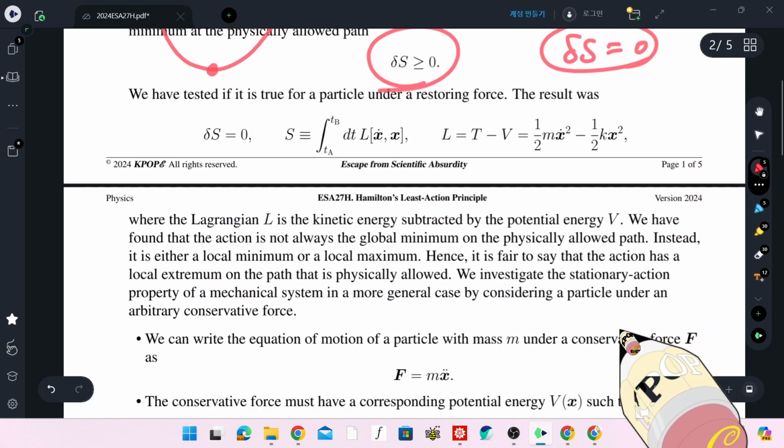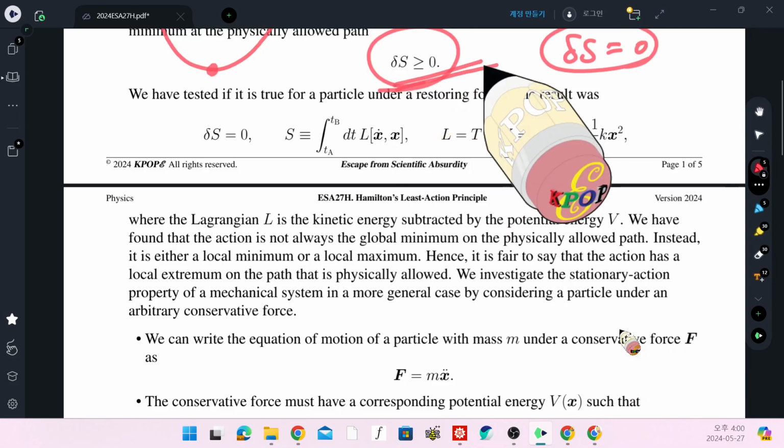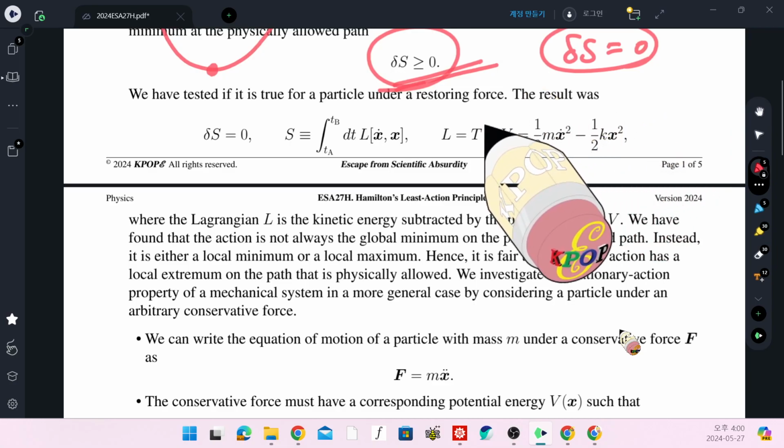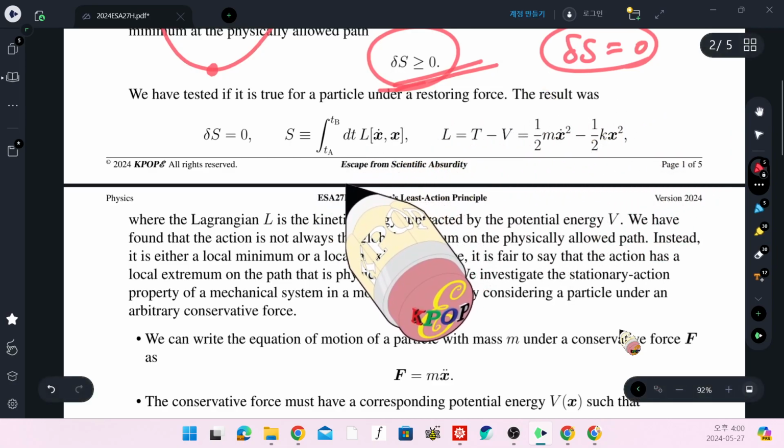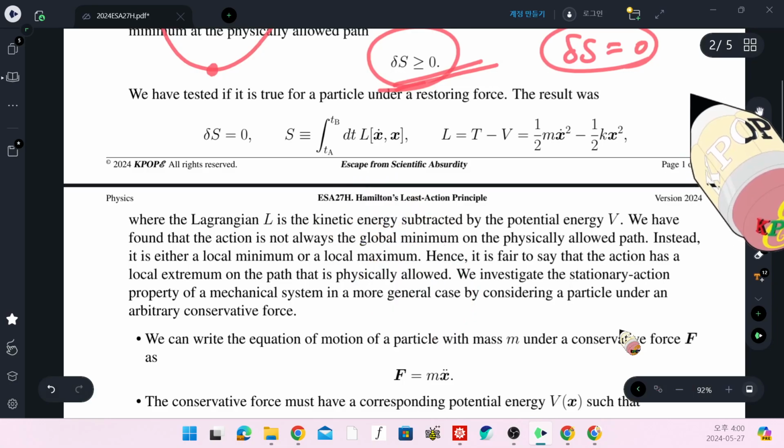We have tested whether this idea is still true in a general mechanical system. And we use a simple example, that is the simple harmonic oscillator.